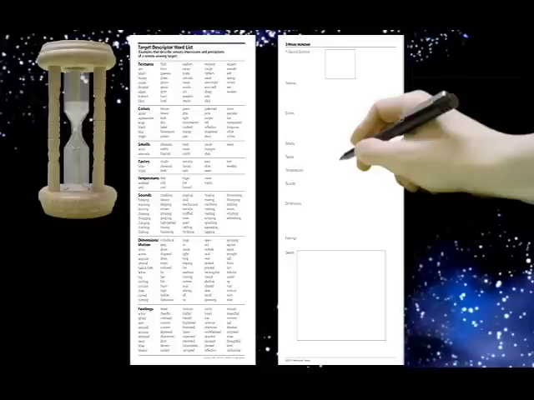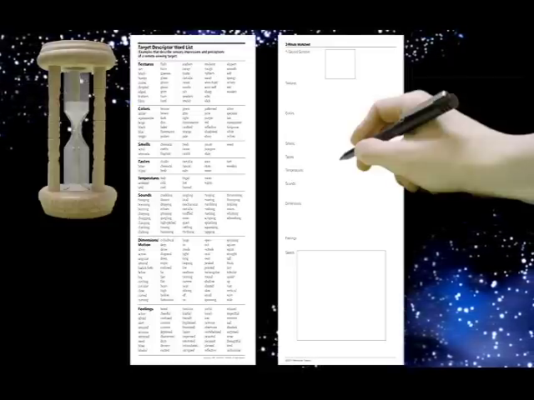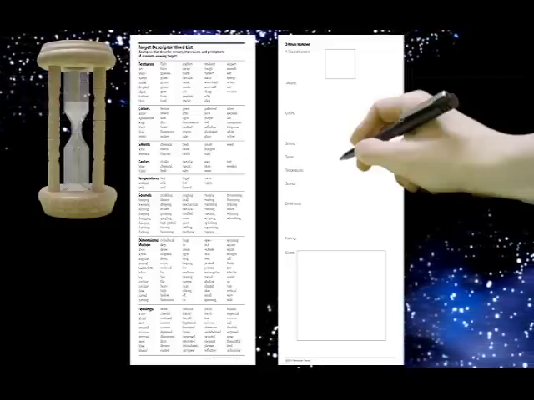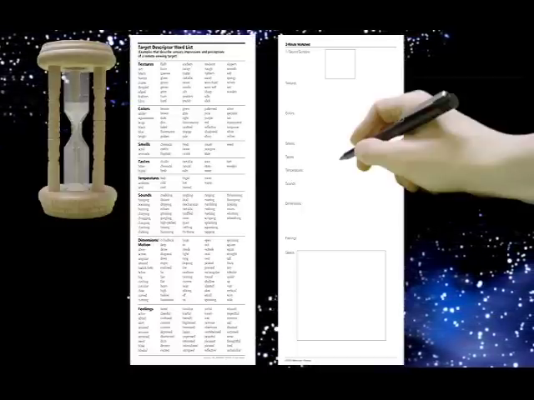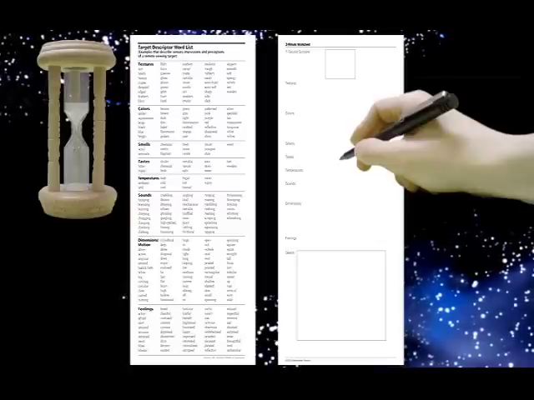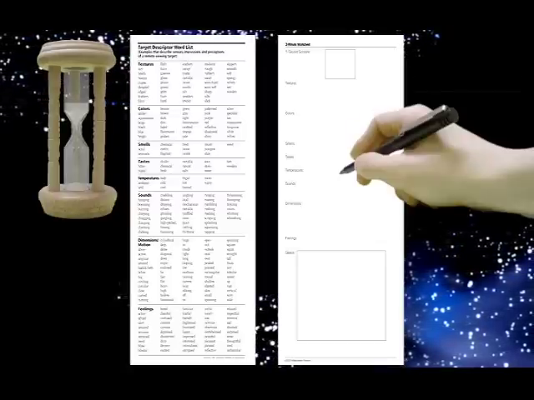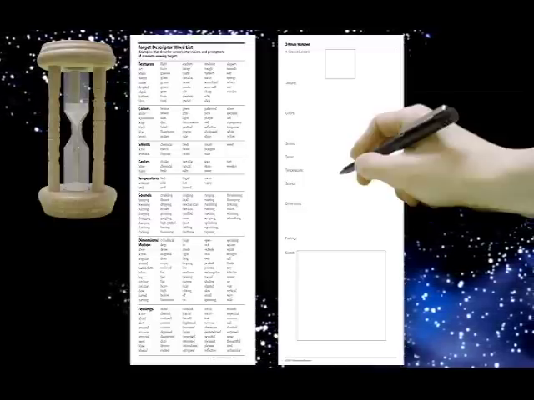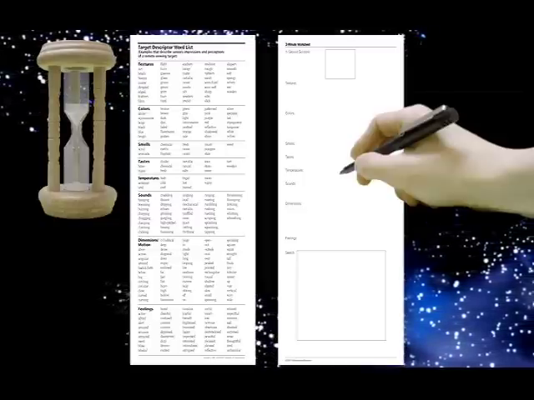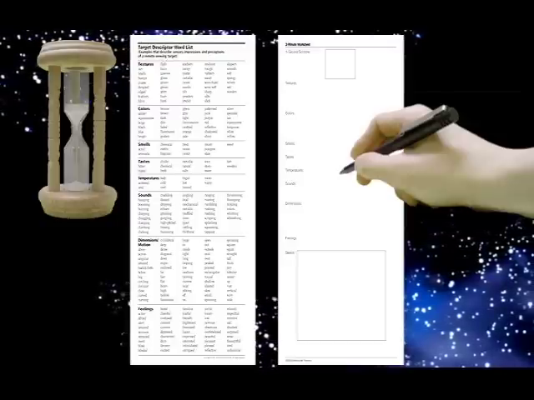Let's be on tastes. Pen on the paper. After tastes, temperatures. Take whatever you get.